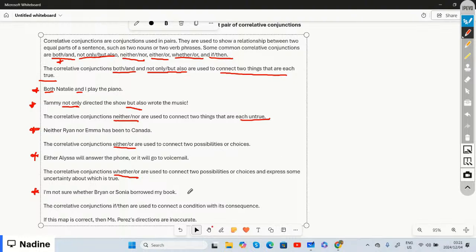And then lastly, we can say the correlative conjunction if, then. It is used to connect a condition with its consequence.